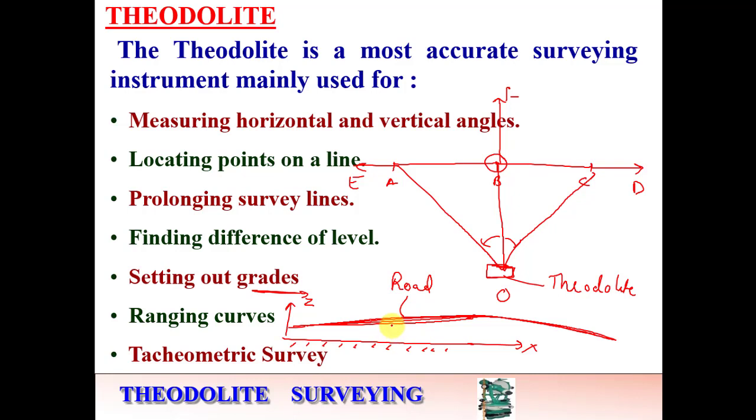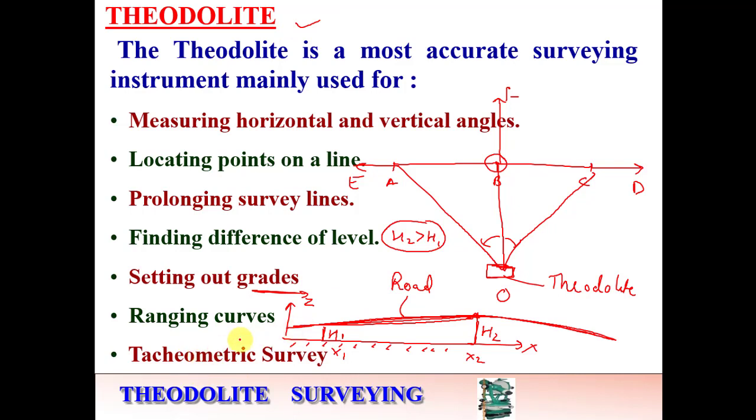You can see in this figure that your road has this much height, suppose this is h2 at the position of x2 and h1 height at the position of x1. So these are the two different heights at different locations. We can clearly see in this figure that h2 is greater than h1. So how will you find this h2 point in your vertical plane? This point can be fixed with the help of theodolite survey.